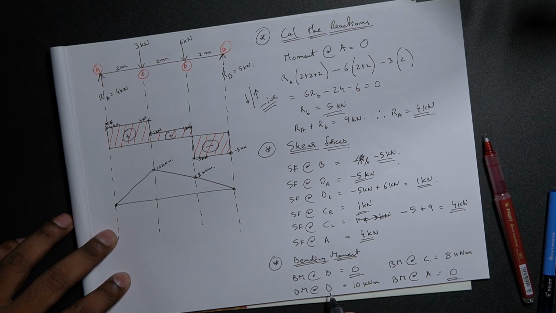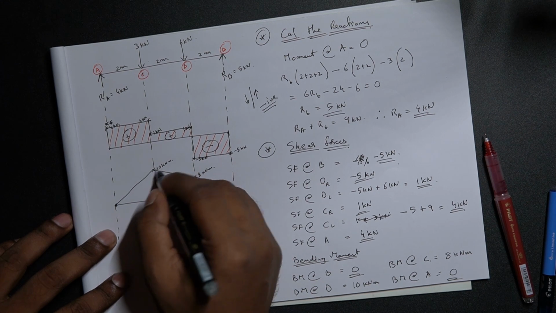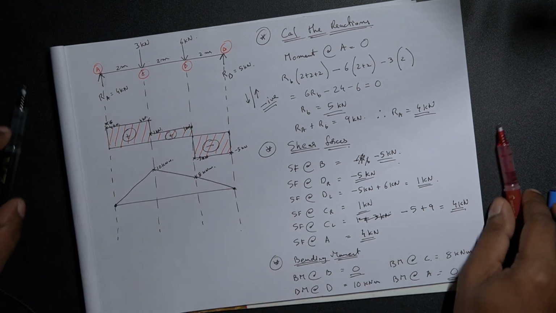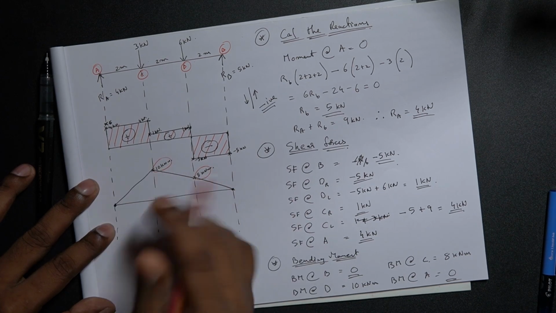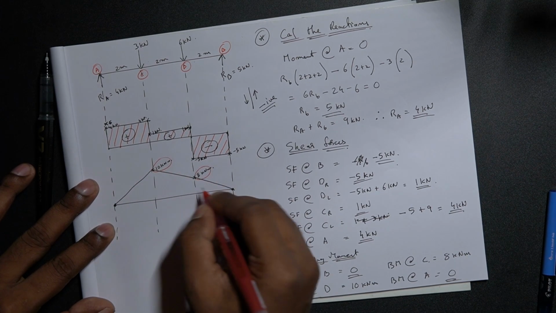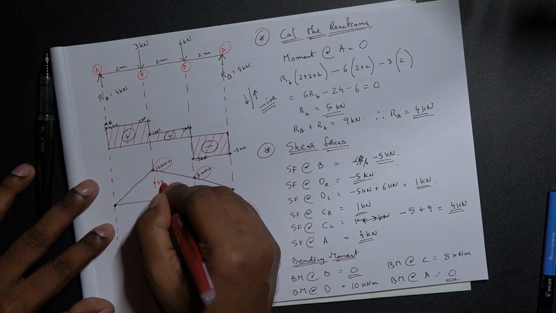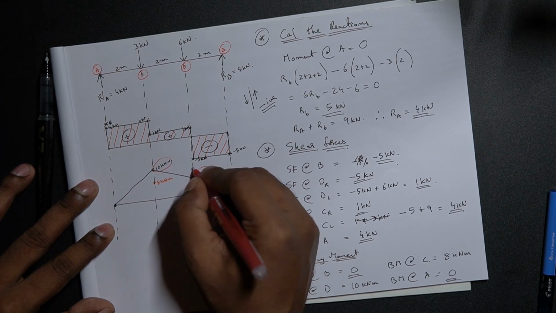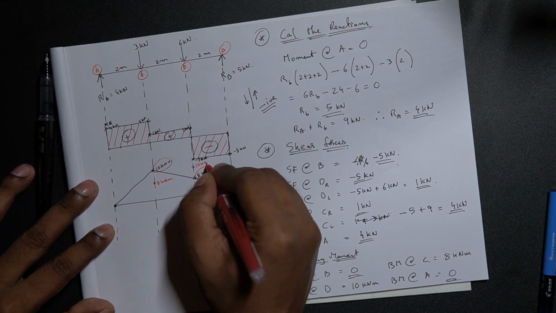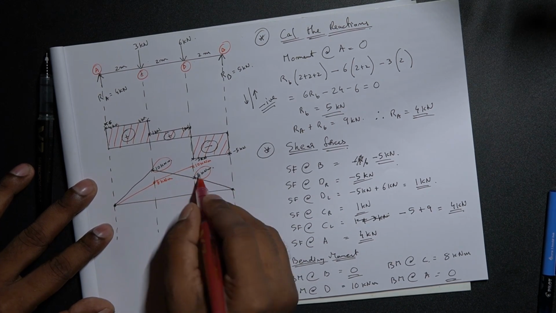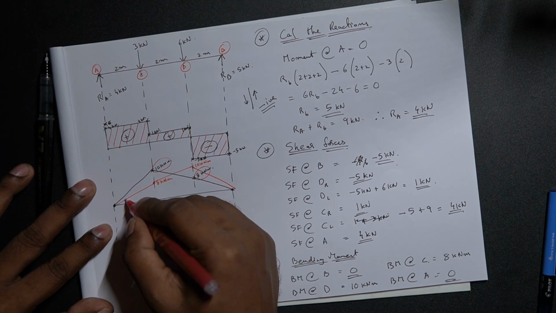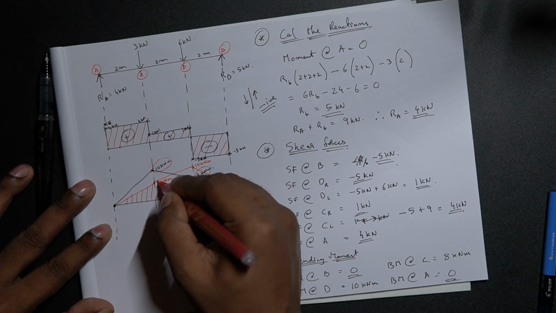Bending moment at D. Just a small blunder. This is not 10. I just flipped it. So this should be 8 kilonewton meter, and this should be 10 kilonewton meter. So in that case, this is how your graph is done.